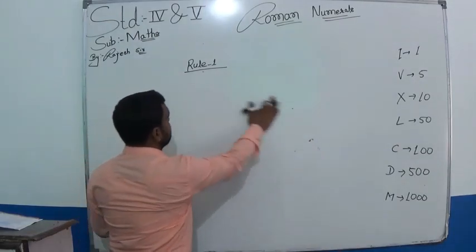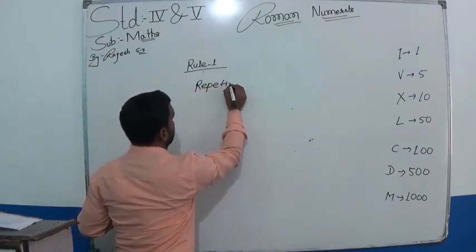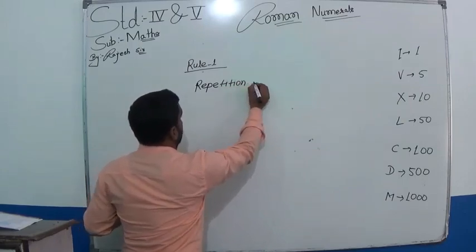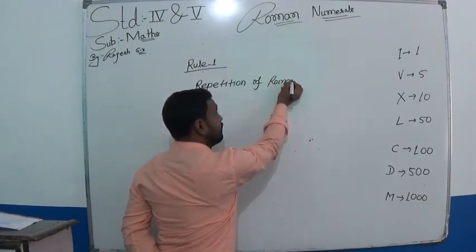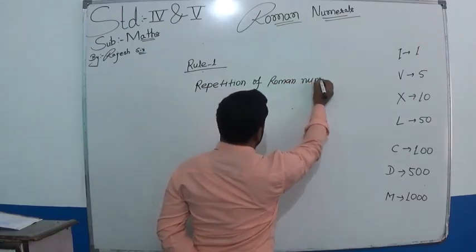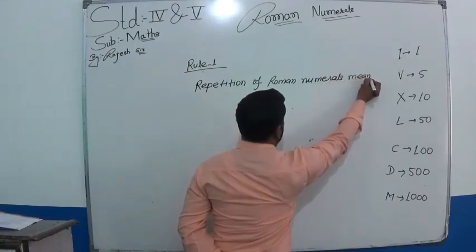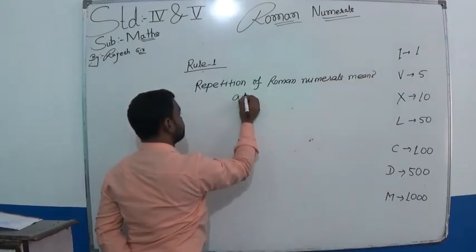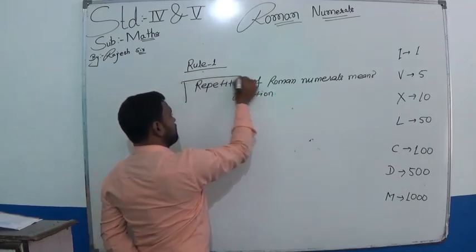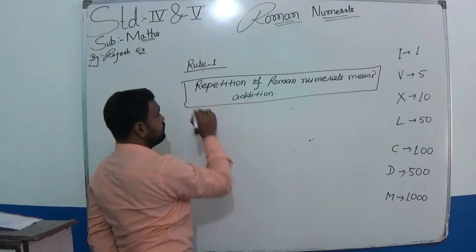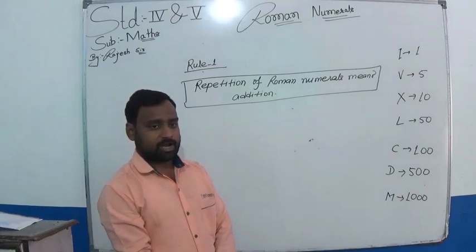Rule 1 says repetition of Roman numerals means addition.